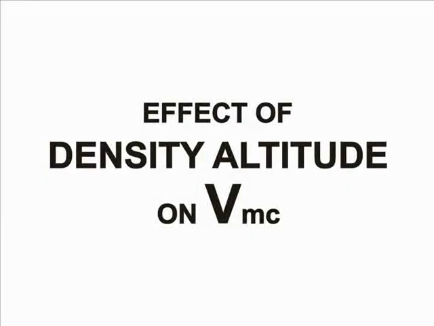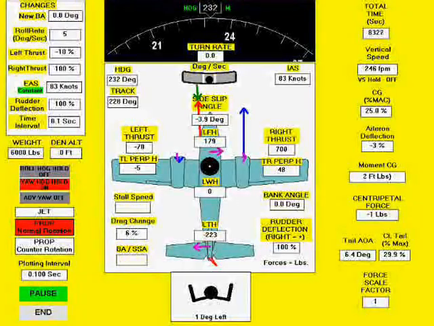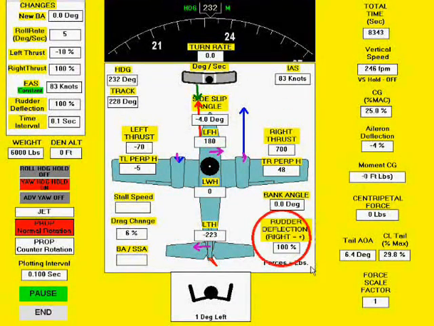Density altitude reduces maximum thrust on the operating engine, and therefore has a significant effect on VMC. This effect is extremely important when doing VMC demonstrations. Beginning with a VMC value of 83 knots with wings level at sea level density, we will now find VMC at a density altitude of 8,000 feet.